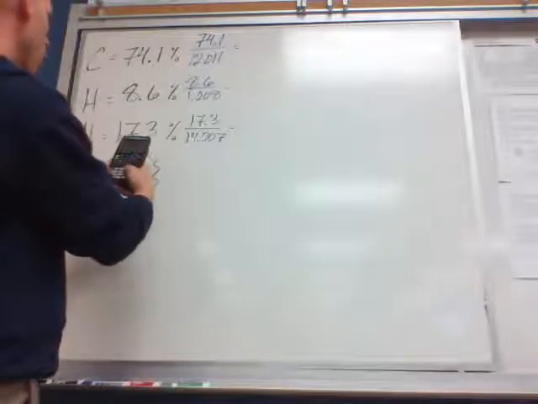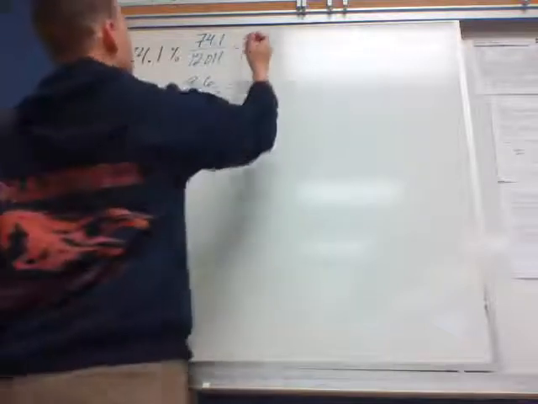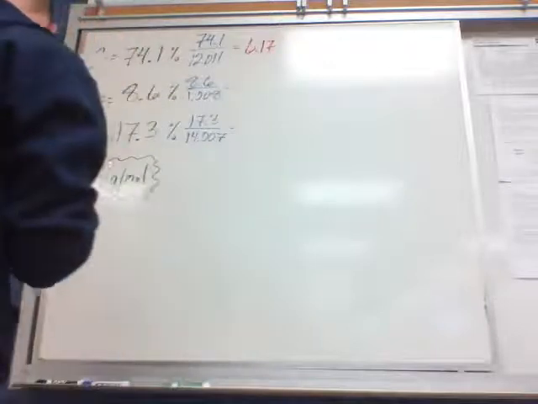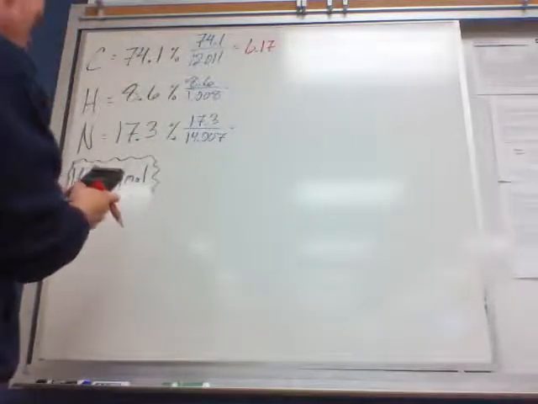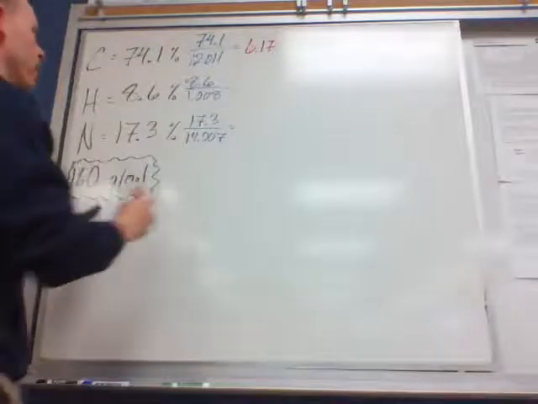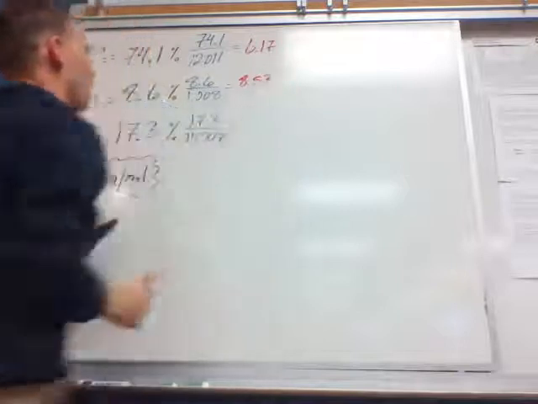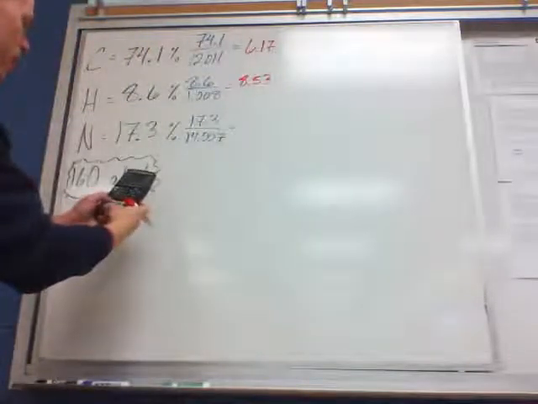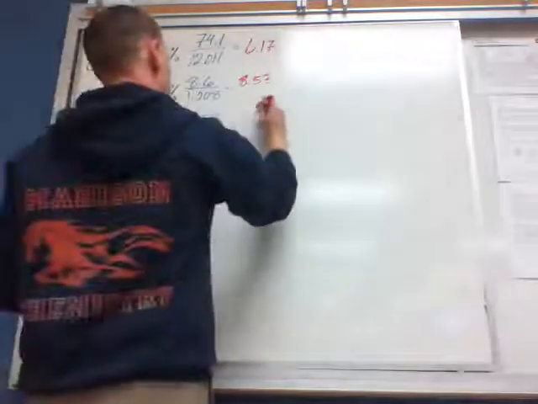74.1 divided by 12.011, I get 6.17 here. 8.6 divided by 1.008, I get 8.53 here. 17.3 divided by 14.007, I get 1.24 here.